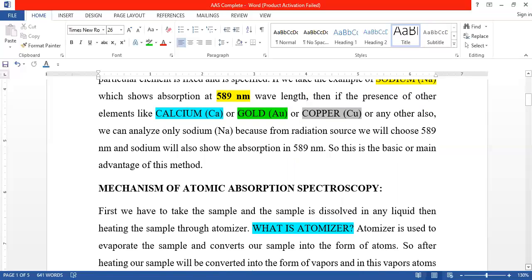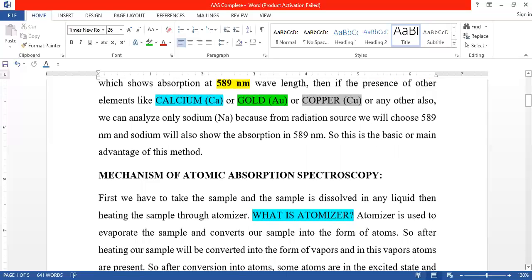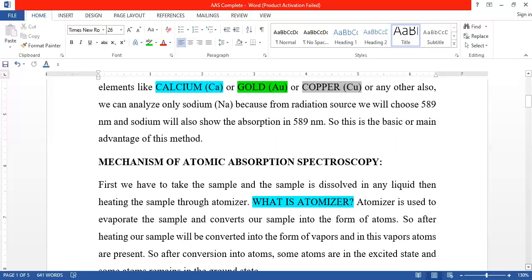Then we heat the sample through the atomizer. The atomizer is used to evaporate the sample and convert it into the form of atoms. So after heating, our sample will be converted into vapors, and in these vapors atoms are present.